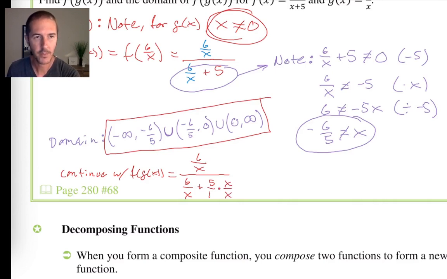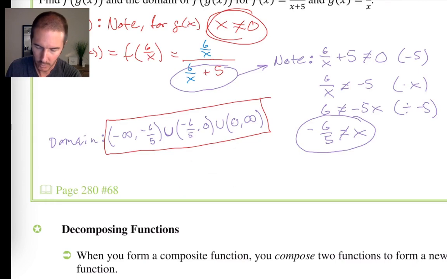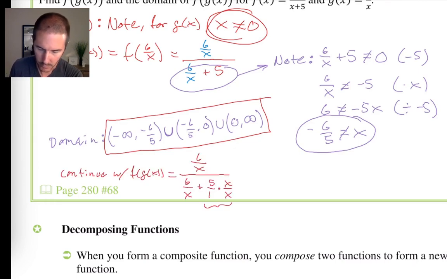So if you have space in your notes, you could put a little note in here that says make common denominator, whatever's going to make most sense to you if and when you review your notes.